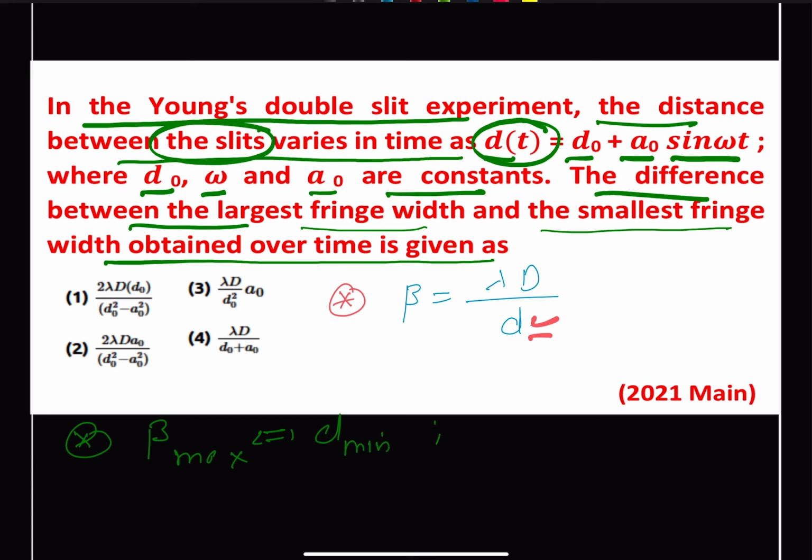Or the reverse is also true: beta will be minimum when d is maximum. And we are going to find d minimum and d maximum according to the given equation.